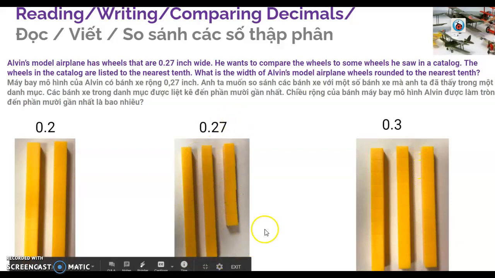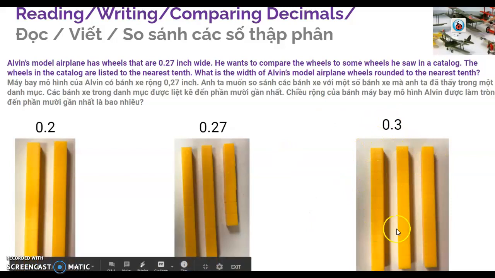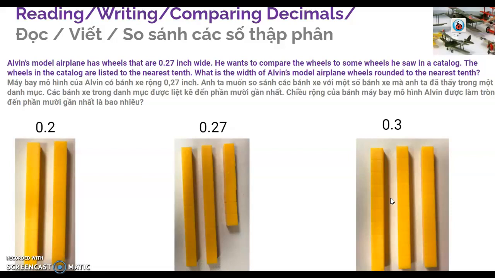I could just add 3 more. So it's a shorter number of cubes needed to complete this 3/10. So if I was Alvin, 3/10 seems like the size wheel that I probably would get because 27/100 is closer to 3/10.